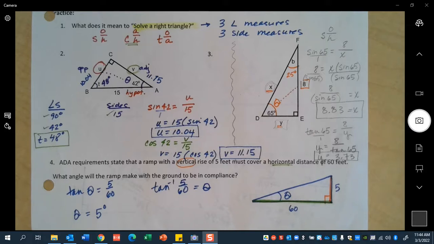So our angle measurement for T being 48 degrees and our side lengths for U and V, I think we did together. For this one, my other angle measure is 25. And my two side lengths, X and Y, are 8.83 and 3.73.